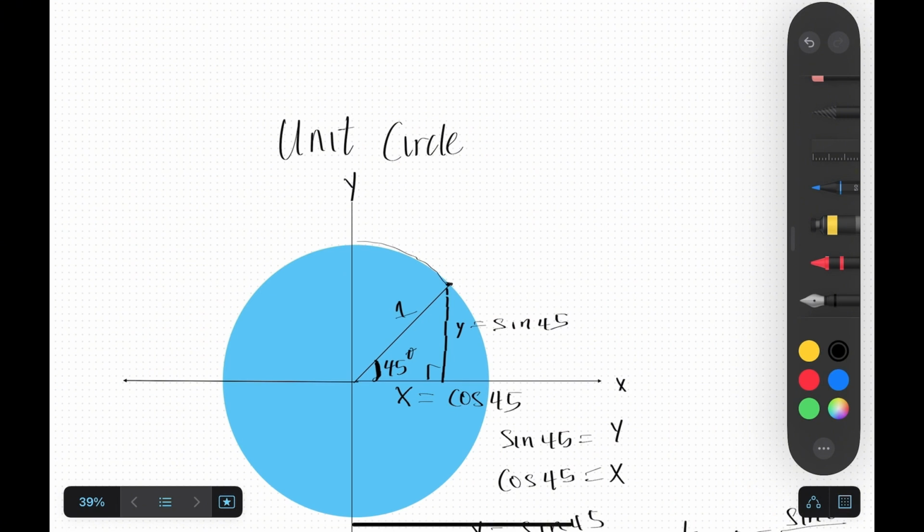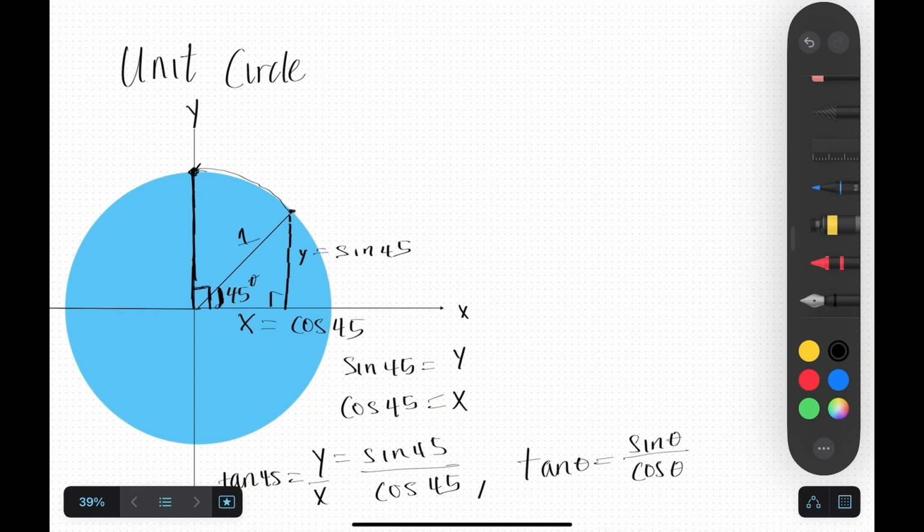Imagine we were to rotate this point until it was on the y-axis. The height will also be equal to the radius. Therefore, the sine of 90 is equal to 1.